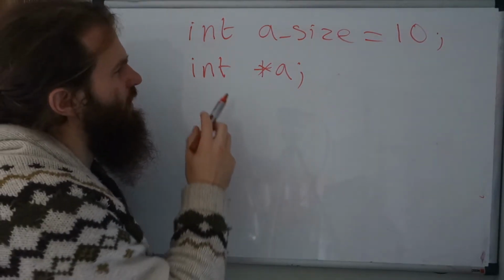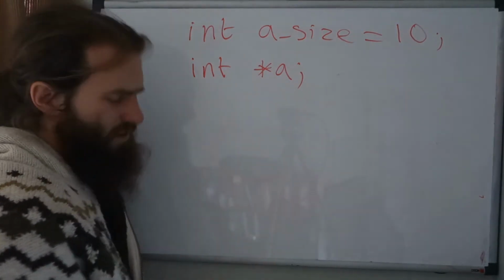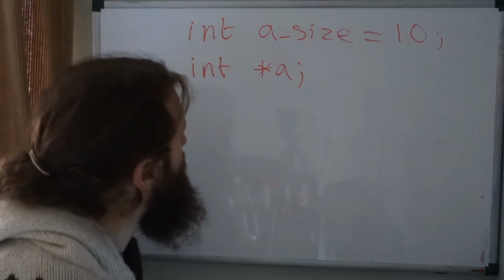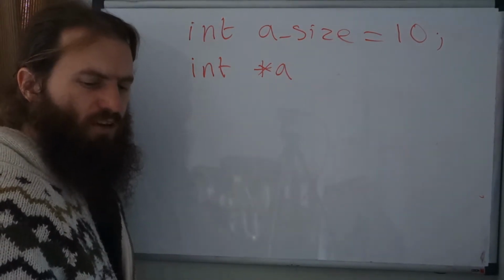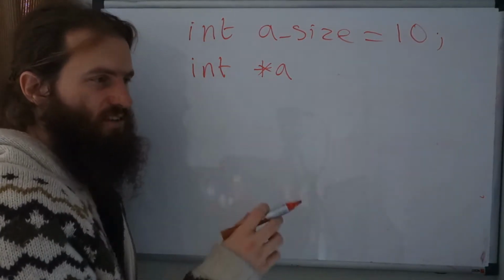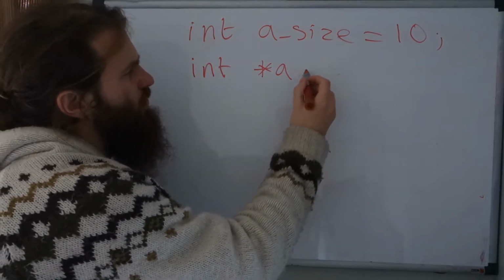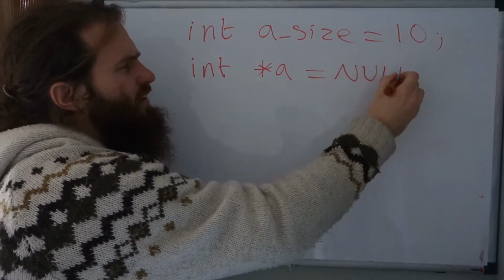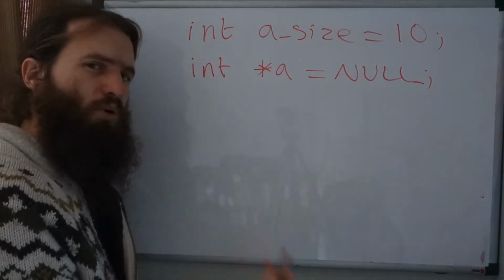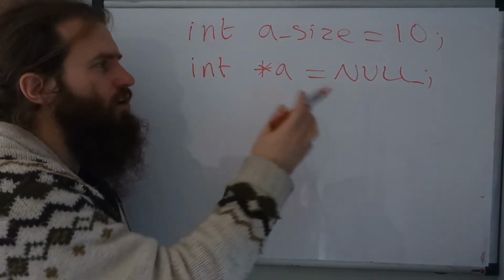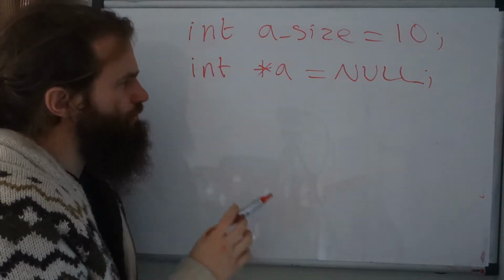So what we have here is that A is an integer pointer. What that means is that A points to an area of memory that contains a sequence of integers. And what we usually might do is give it the initial value of null, which means it points nowhere. This null value is understood by other functions that we might pass this pointer into.